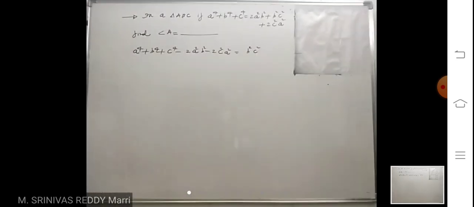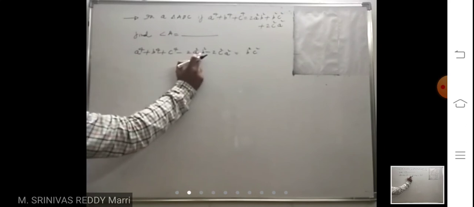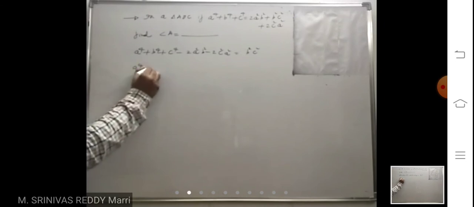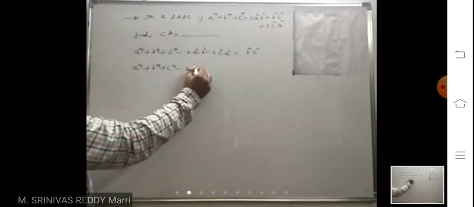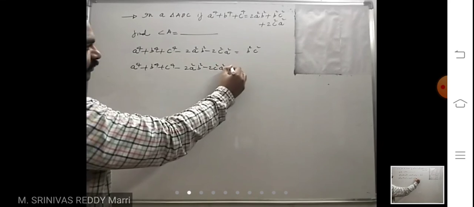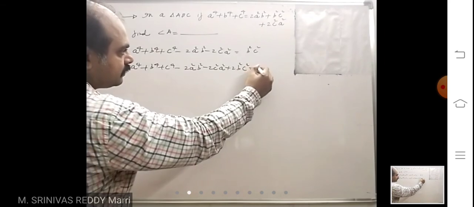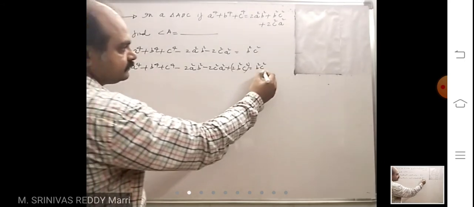Minus 2a square b square is there, minus 2c square a square is there, but there is no b square c square term. Add it on both sides.